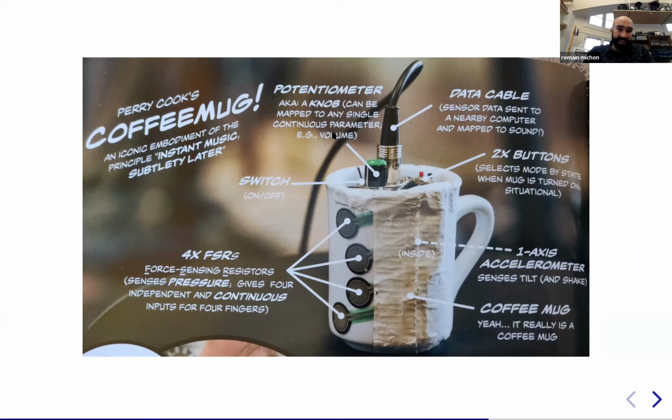And this is Perry Cook's coffee mug. This picture is taken straight out of Ge Wang's book, which is the textbook for this class. Basically, what Perry did here is he was like, okay, I need an instrument, an interface, which has a cylinder shape and a bunch of sensors on it. So I'm just going to take a coffee mug, because that's the best thing I found to do this.